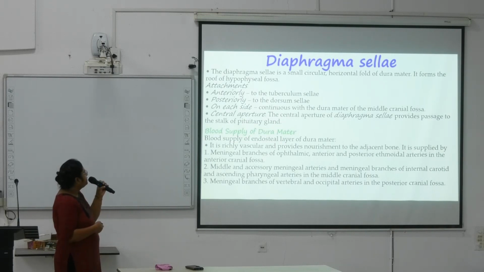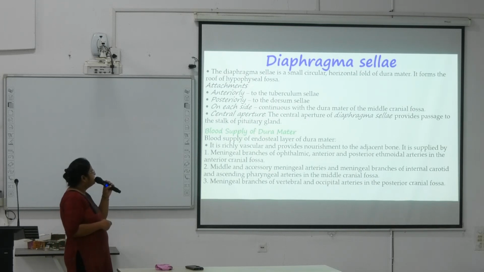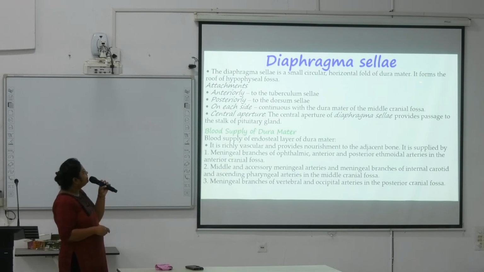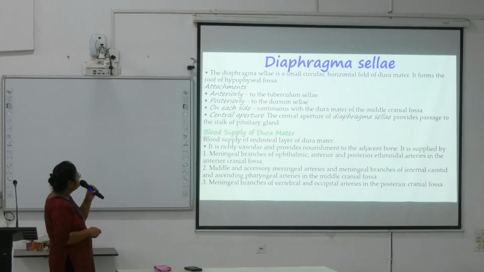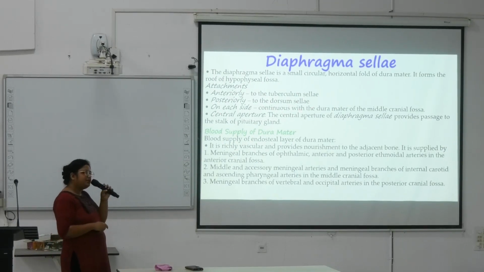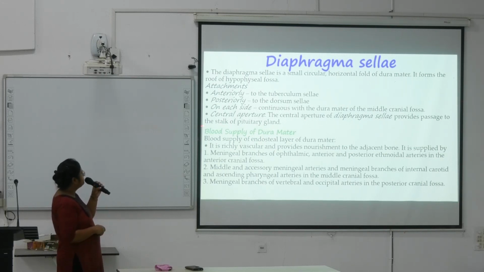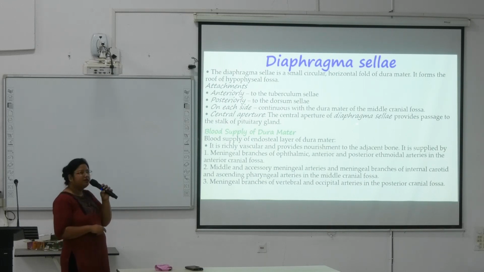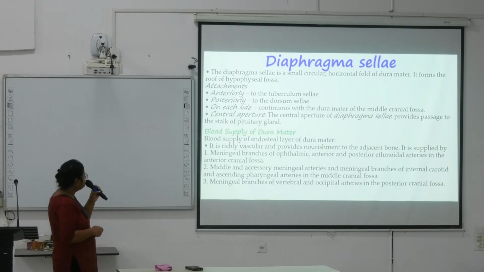So the diaphragma sellae is a small circular horizontal fold of dura mater, and it forms the roof of the hypophyseal fossa. Attachments: anteriorly to the tuberculum sellae, posteriorly to the dorsum sellae. On each side continuous with the dura mater of the middle cranial fossa. And the central aperture of diaphragma sellae provides for passage of the stalk of the pituitary gland. You have seen in the picture.